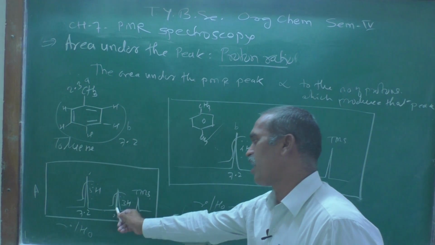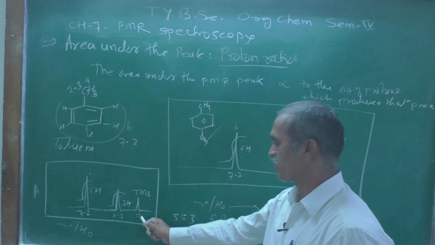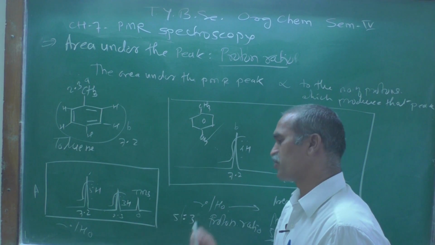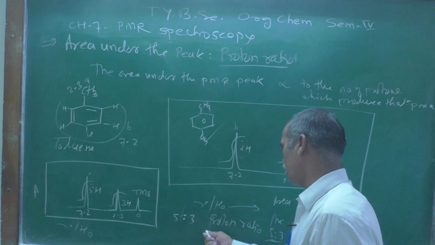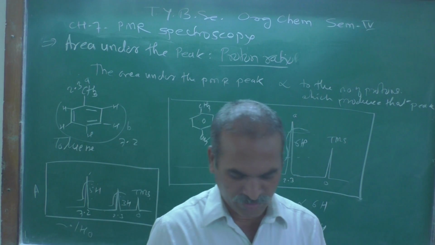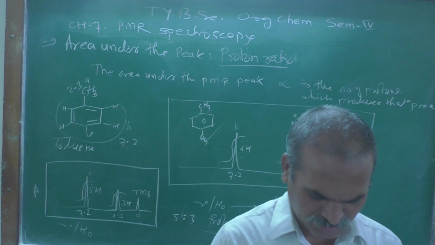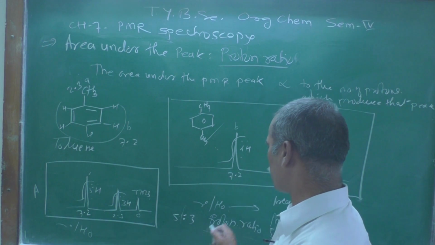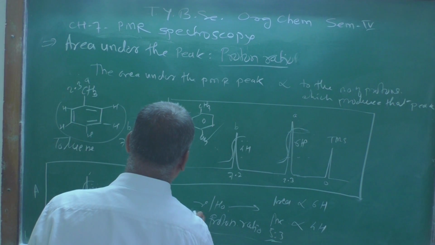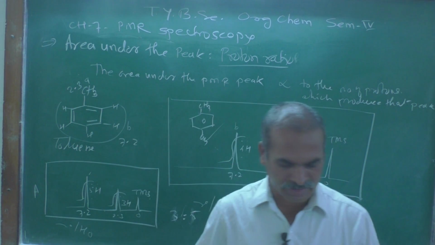The relative area under the peak and the proton ratio come out to be 3:5, one and the same thing.